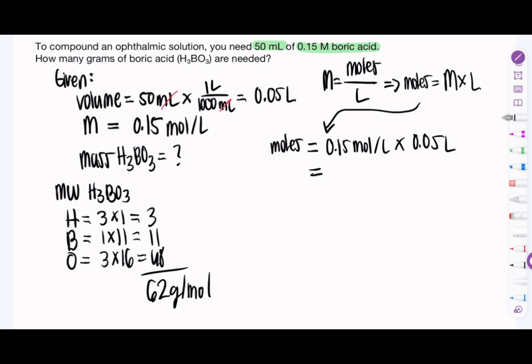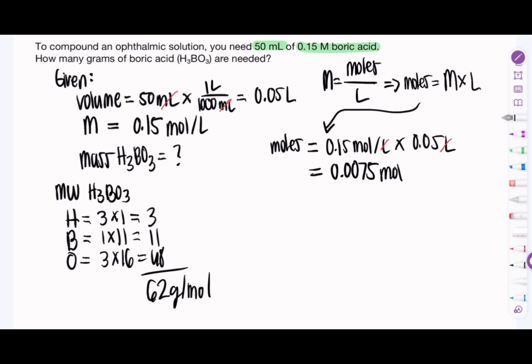Now let's try solving it. 0.15 times 0.05 is equal to 0.0075 mole, canceling out both liters.